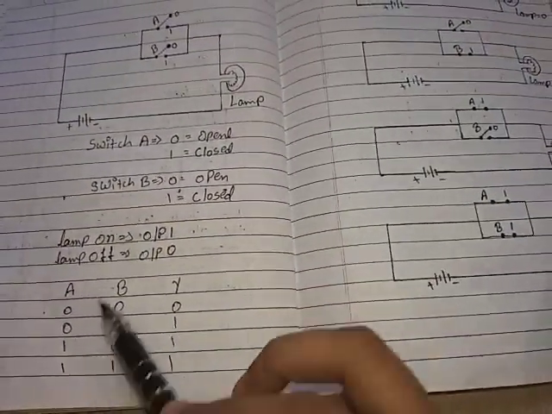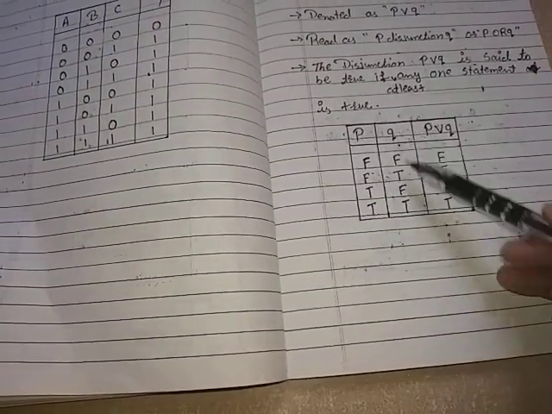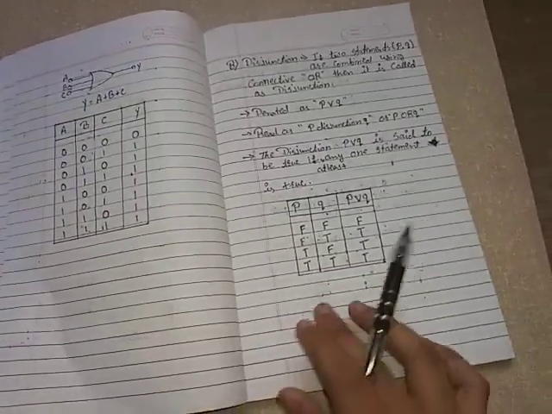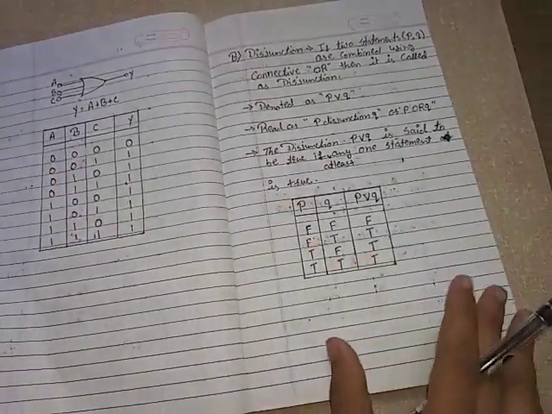When A is 1, B is 1, Y is 1; when p is true, q is true, p or q is true. So we can say that disjunction is equivalent to the OR gate.